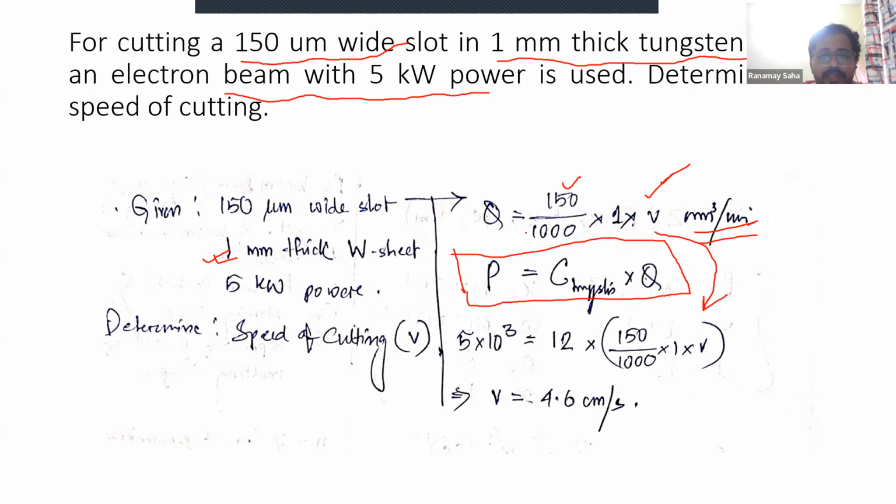This 1000 has been divided to convert these microns to mm here. So using all those things, you find out the final velocity in centimeters per second. Okay, you got it.